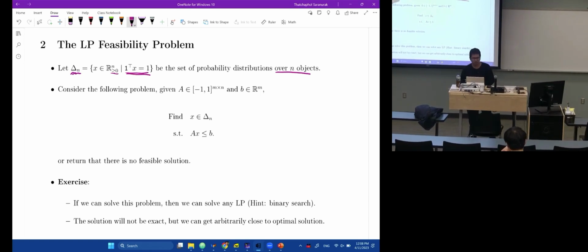Now the problem that we're going to consider today is this. Imagine that you have a matrix, think of this as a constraint matrix in the LP. So there are m constraints for n variables, right? But I promise that every entry in this constraint matrix is actually between 1 and -1.